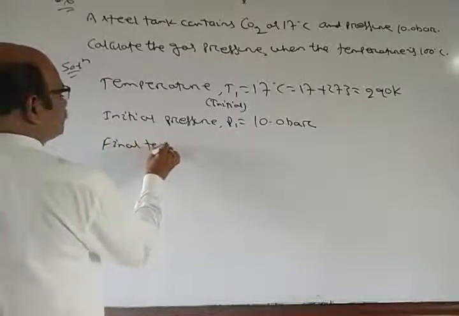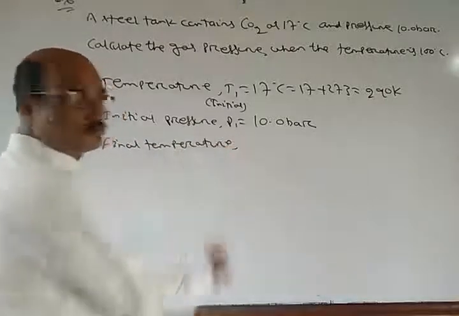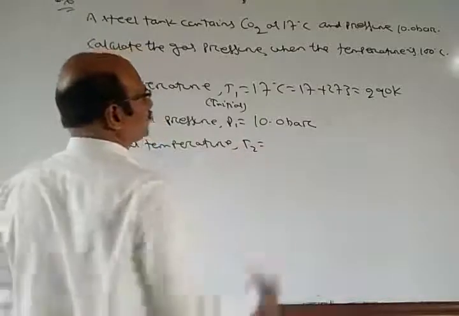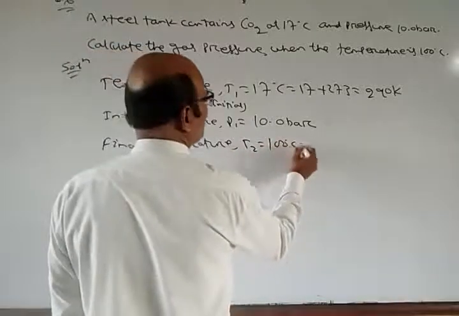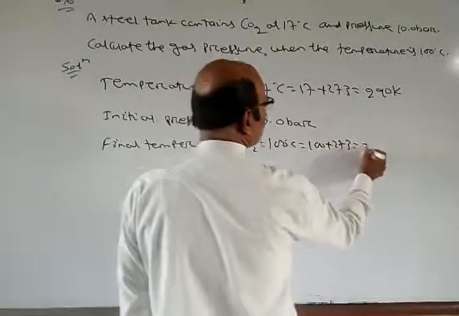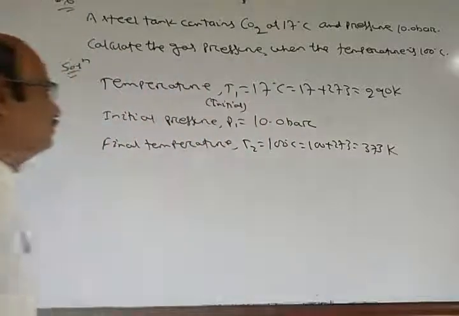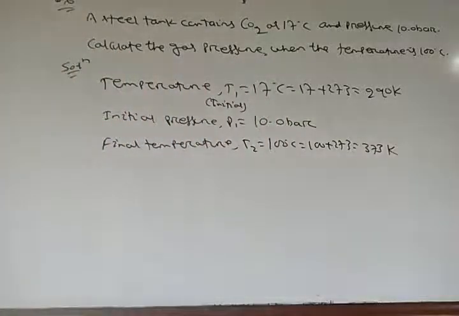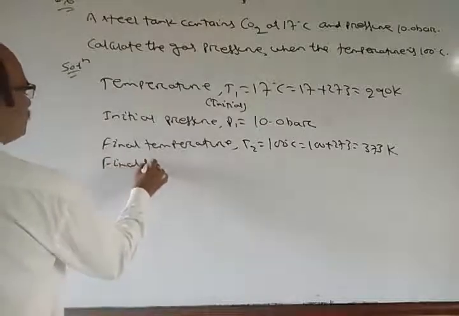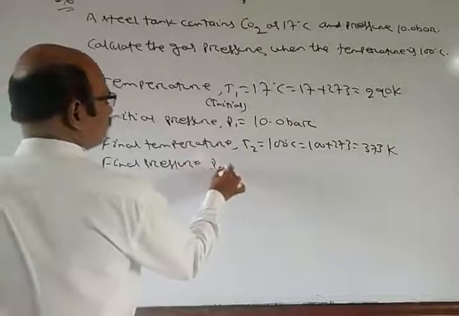Final temperature T2 equal to 100 degree centigrade, equal to 100 plus 273, equal to 373 Kelvin. So final pressure P2.